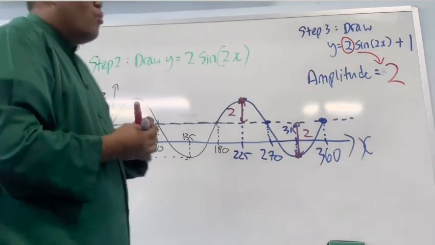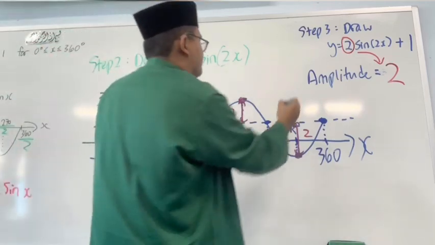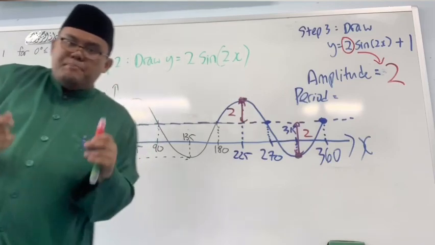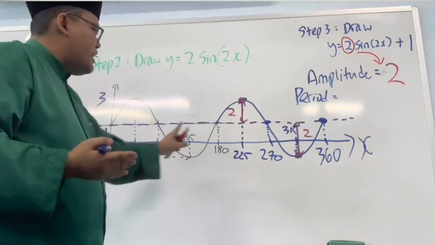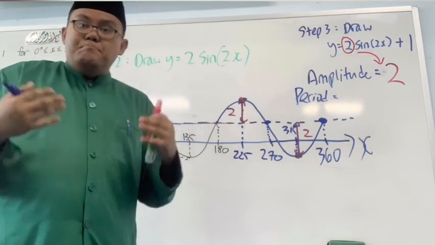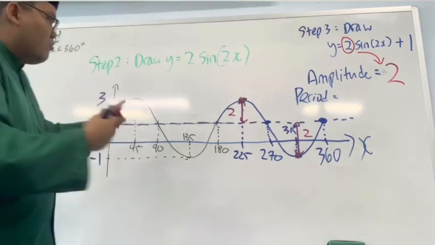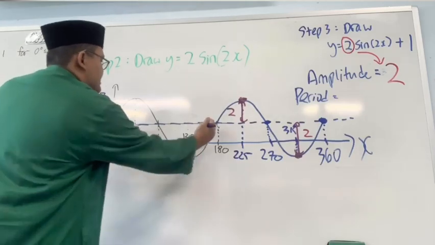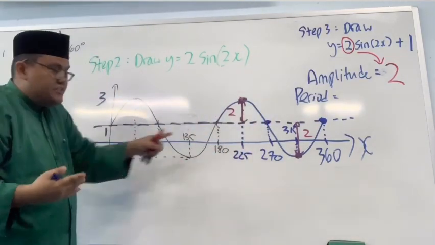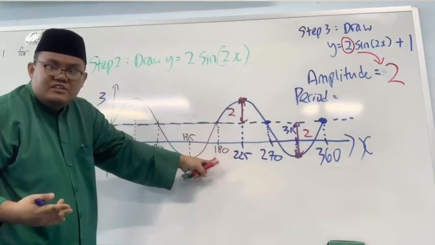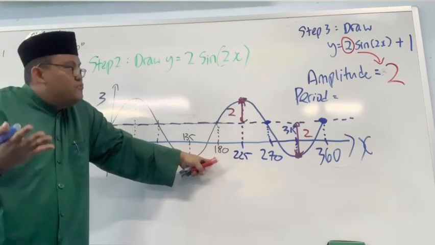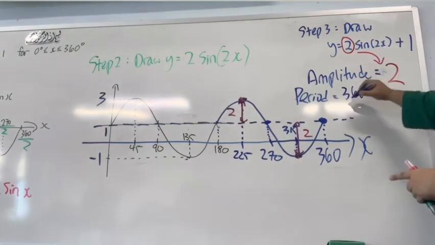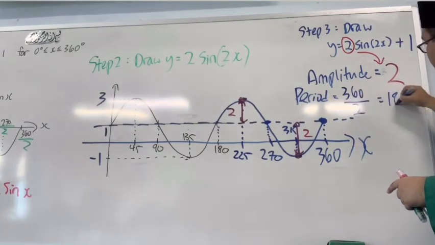Next, what is the period? Period is the value of x where the curve repeats itself. Over here, you can see 2 complete sine waves, here and there. So it repeats every 180 degrees, which is in fact 360 over 2.